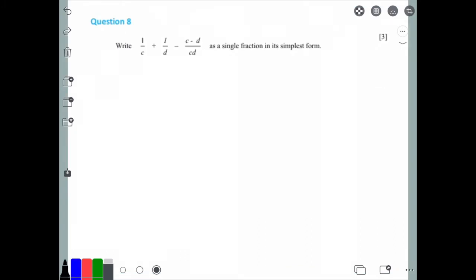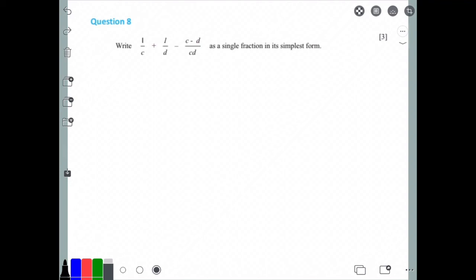Write this equation as a single fraction in its simplest form. For this, what we will do is first to do 1 over c plus 1 over d. As we know, for adding fractions, we must make the denominators the same on both fractions.